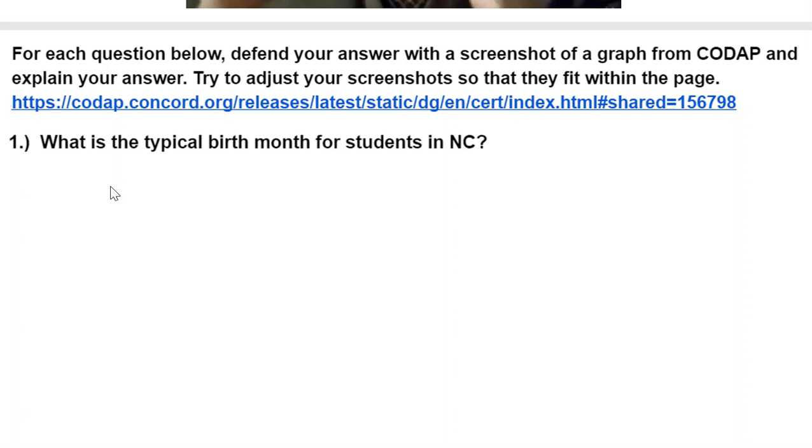Basically, these questions are largely the same, but you'll notice that they differ by the kind of information that they ask about. What I wanted you to do was to screenshot whatever you could put together as a graph, and then respond to the question: what is the typical birth month for students in North Carolina?